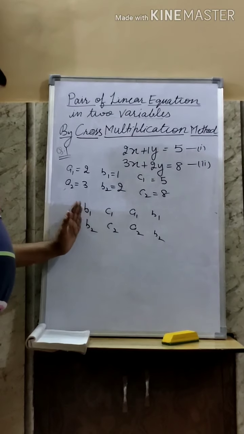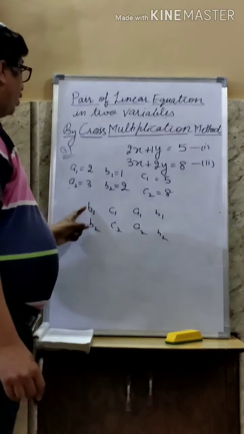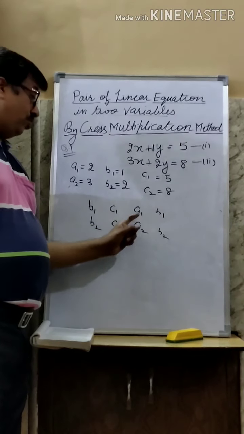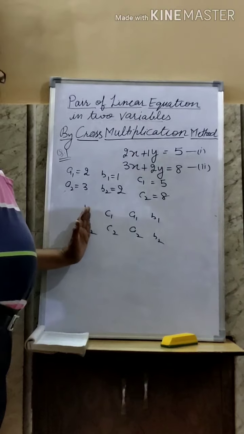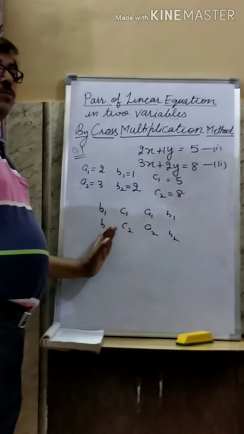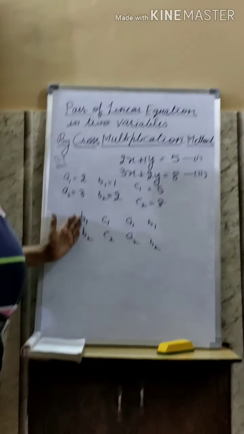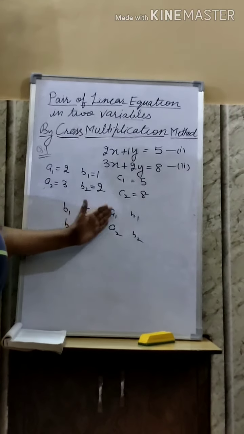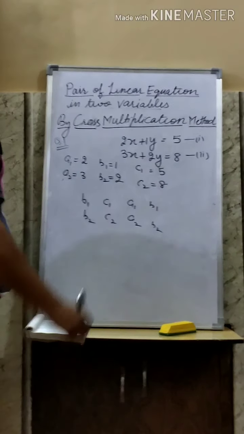You learn this: start from b1, b2 and end also with b1, b2. Or you can learn it as b, c, a, b. In a simple way, you can say Bakab: b, c, a, b. Learn Bakab so that you will not forget.